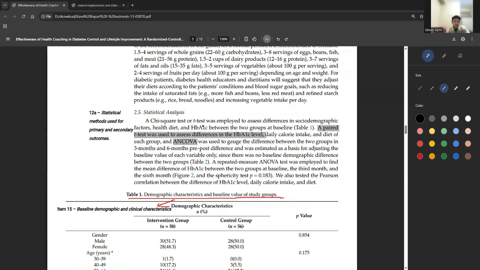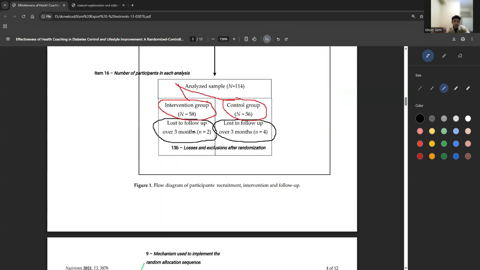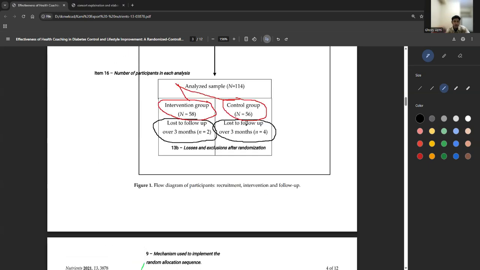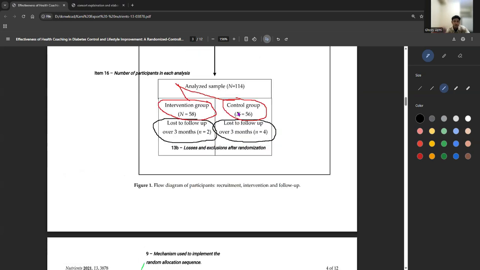The total participants here is 58 plus 56. We combine this and we get 114 total participants that completed the study.